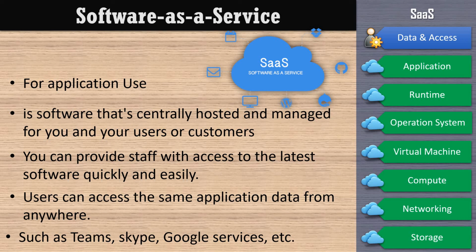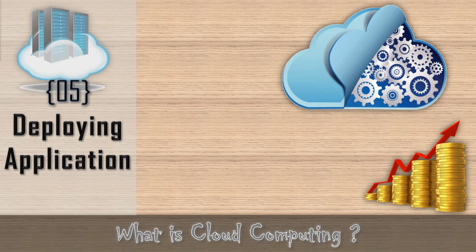Software as a service is where the cloud provider is managing everything, and you just provide the data and the access to use that software. So those are the three main models we have in cloud computing, where any provider is going to provide you the same models regardless.